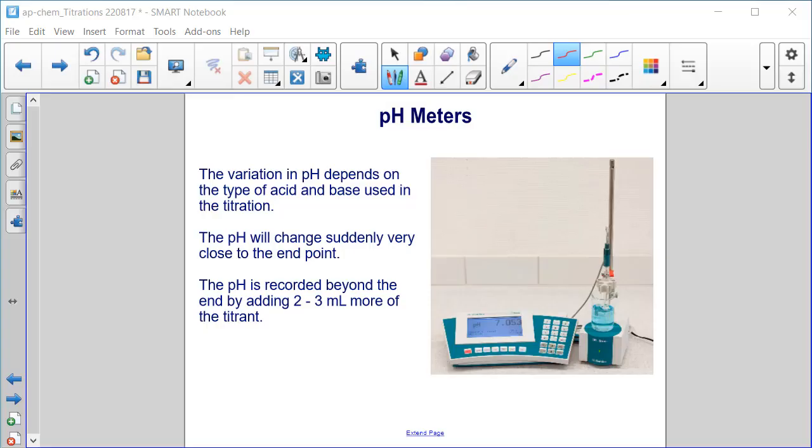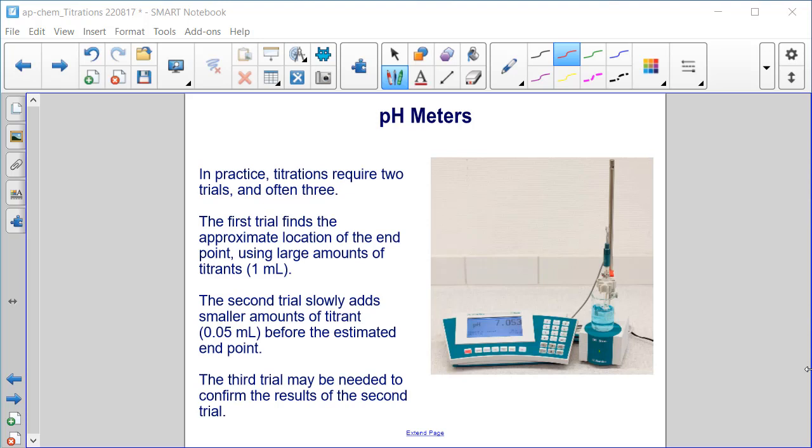The variation in pH depends on the type of acid and base used in the titration. And we'll talk about the various combinations of types of acids and bases in different titration examples as we go. But the pH will change suddenly very close to the end point. The pH is recorded beyond the end point by adding 2 to 3 milliliters more of the titrant, and at that point you should again see the pH level off.